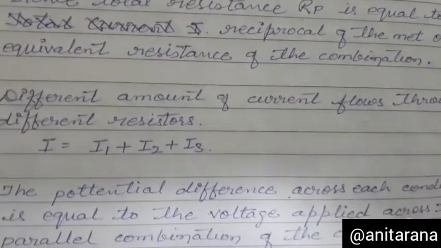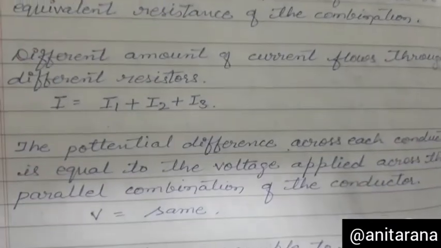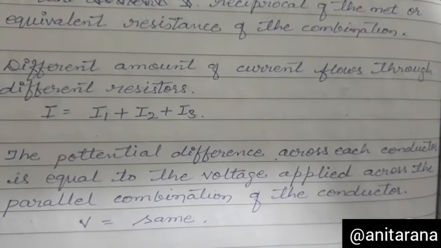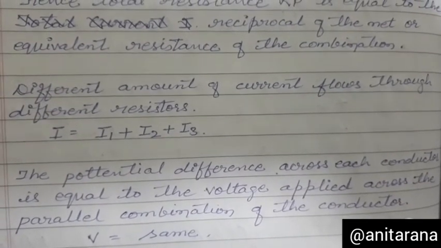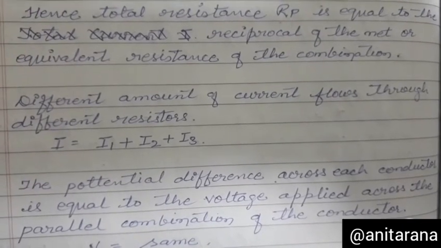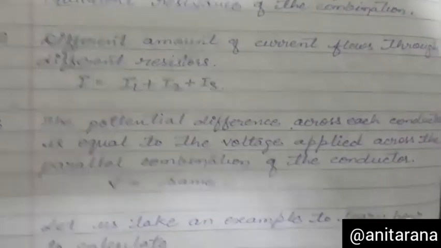Different amounts of current flow through different resistors, as I told you earlier, and the potential difference across the two ends of the parallel combination of conductors is always equal to the voltage applied.